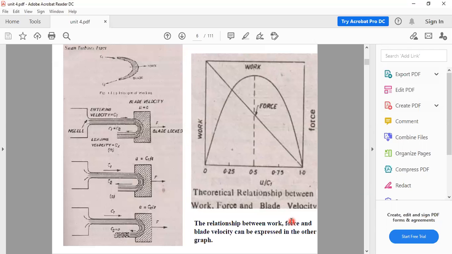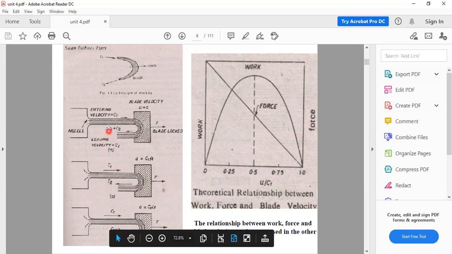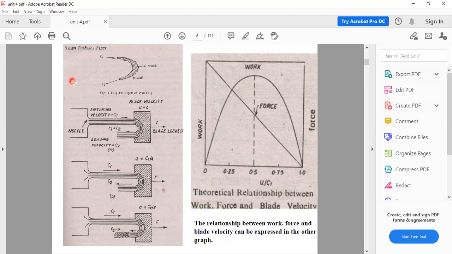So here we can see in this figure the velocity of steam, direction of steam and impact of steam on the blades.